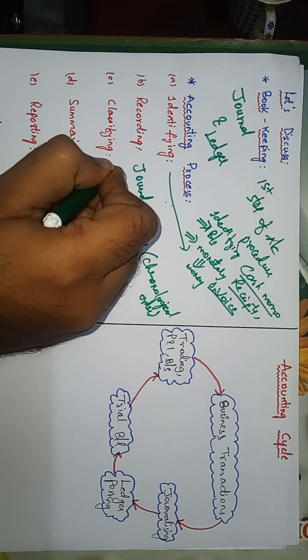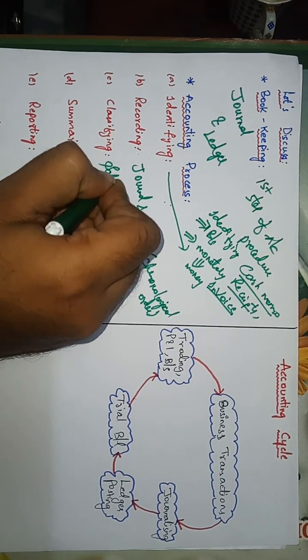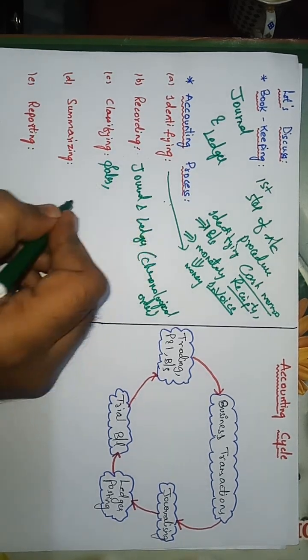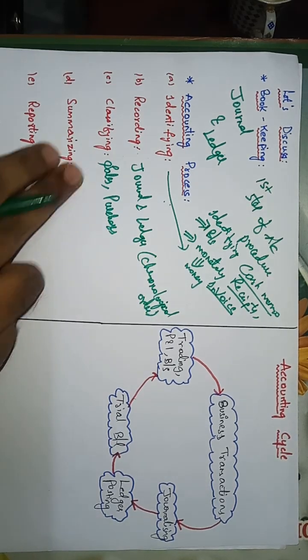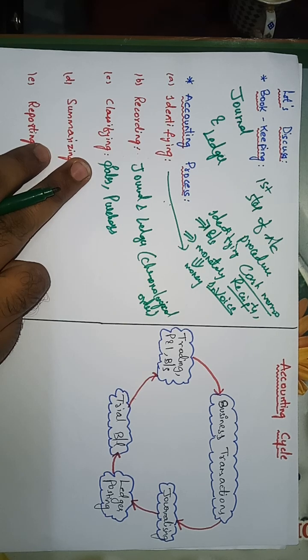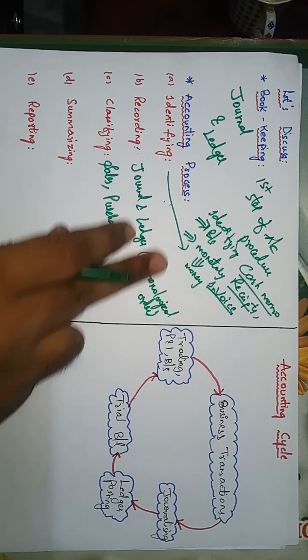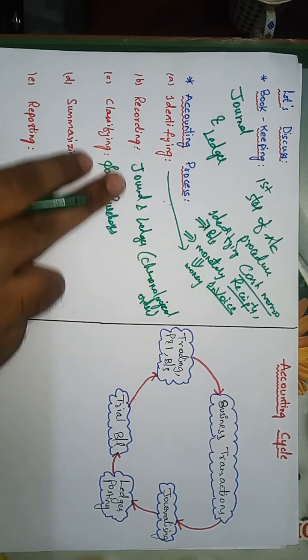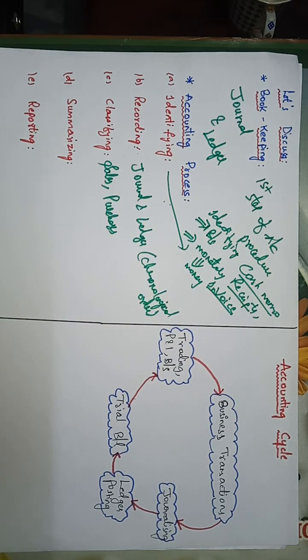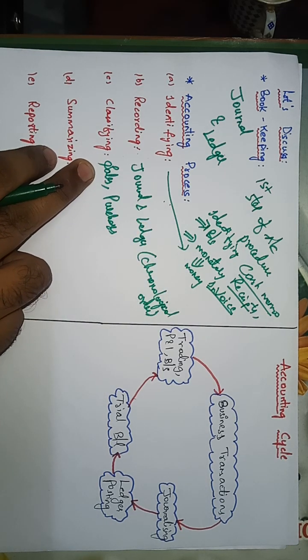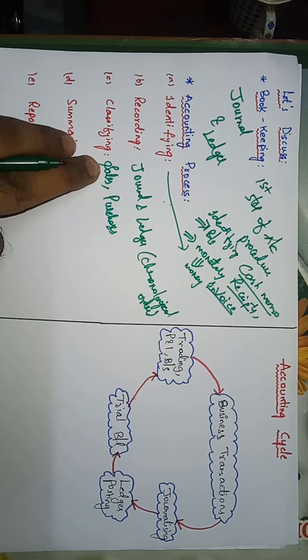Next, these recorded transactions are classified. Classifying means, suppose all the transactions related to sales, all the transactions related to purchases, and so on. For example, there are 13 transactions related to sales. These are recorded at different places in the journal and ledger, so they are again extracted and classified under one single heading, that is sales.